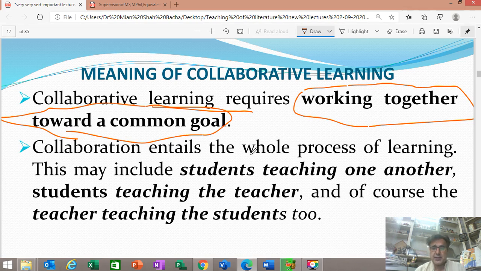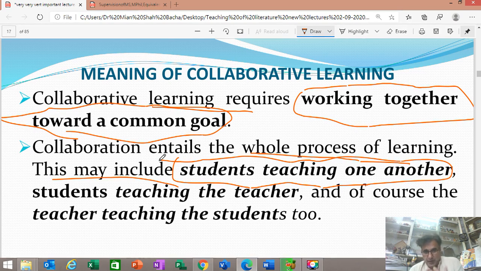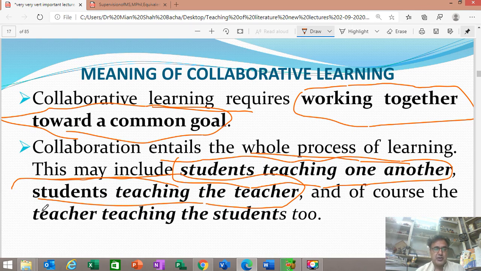Collaboration entails the whole process of learning. This may include students teaching one another, students involving other students, and they keep on teaching one another, and students teaching the teacher. They are also telling something to the teacher, and of course the teacher teaching the students too.